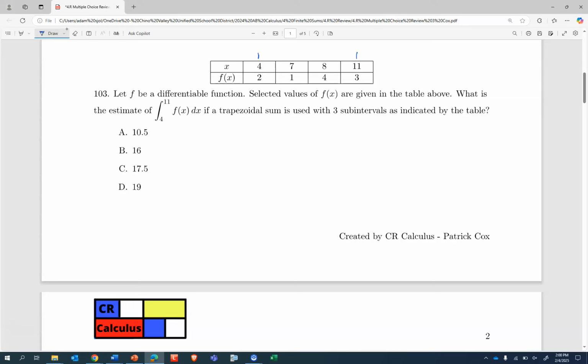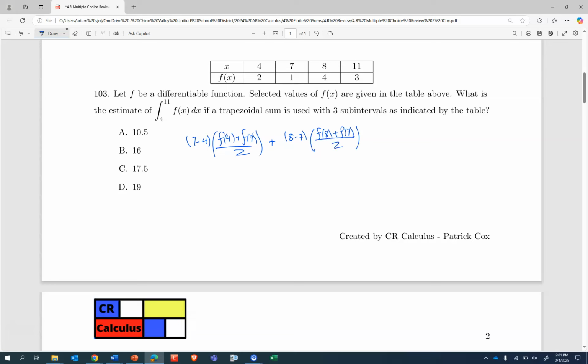Okay. So that's going to be, I'm just going to do it kind of the long way, because that's 3 and 1 and 3. Okay. So 7 minus 4 is the width, times f of 4 plus f of 7 over 2, plus 8 minus 7 times f of 8 plus f of 7 over 2.